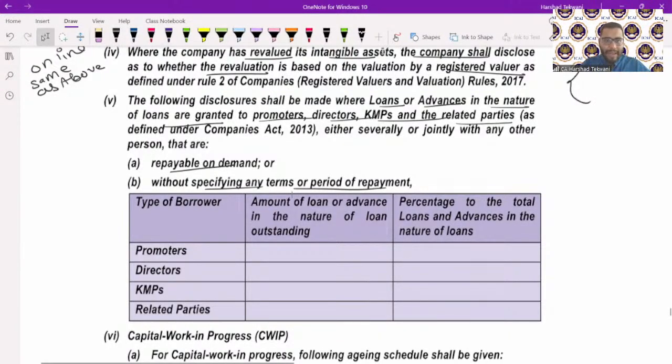Are you remembering anything? In Division 1 we discussed amounts given to KMPs without specifying terms, and not loans. Remember? So here also on the same line as Division 1.